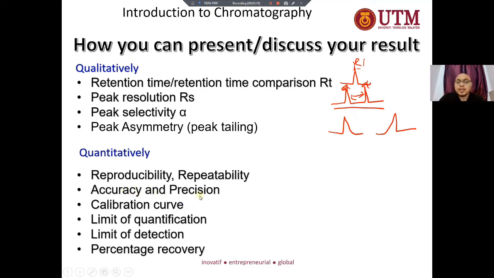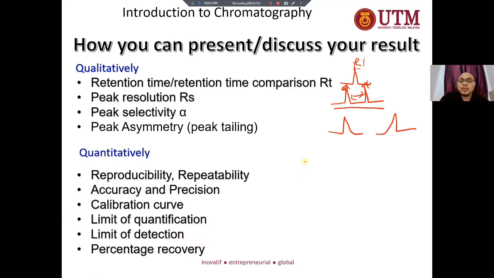For accuracy and precision, for example, you have the calibration curve and you run a standard that you know is 1 ppm, you must get 1 ppm as well. In quantitative analysis you also need to provide the calibration curve, and from the calibration curve you can determine limit of quantification, limit of detection, and percentage recovery.